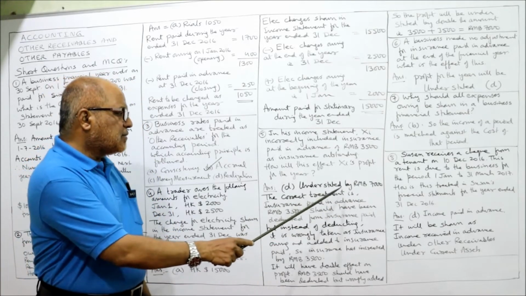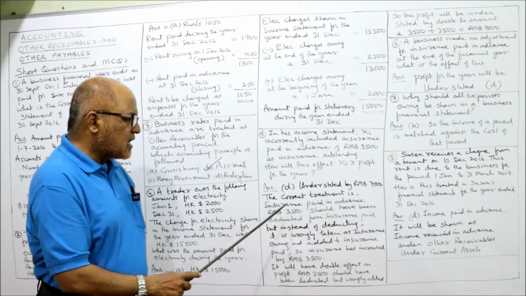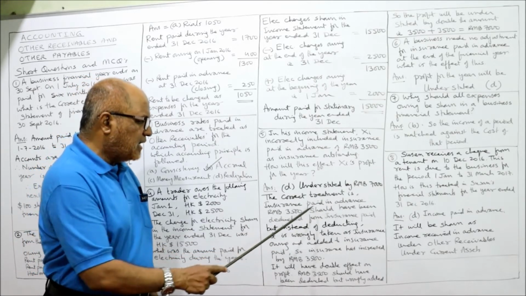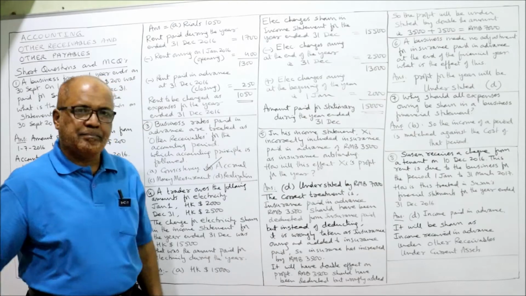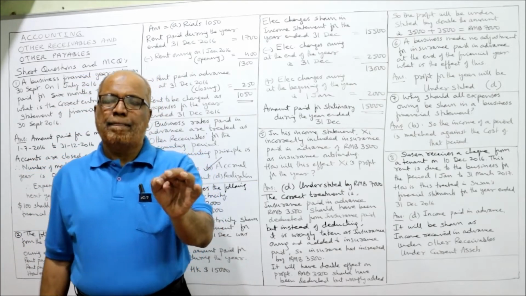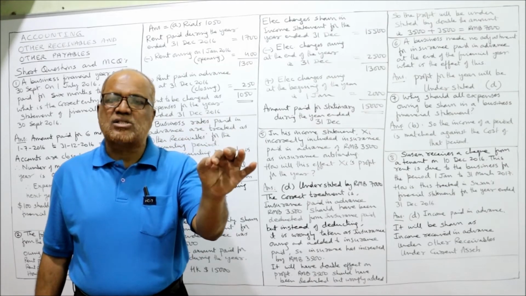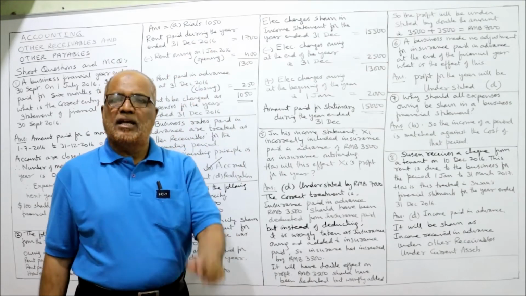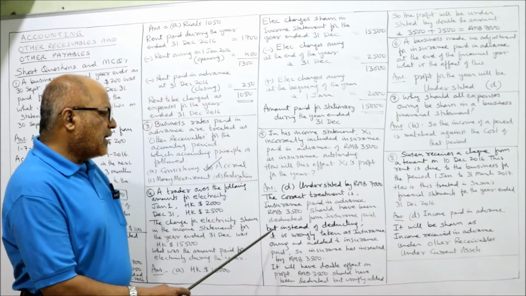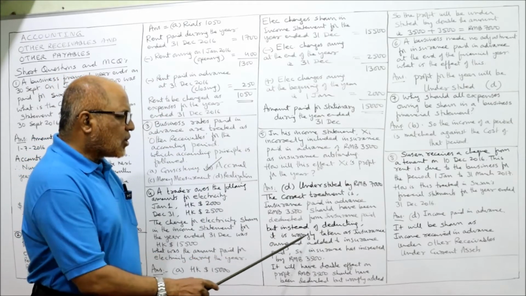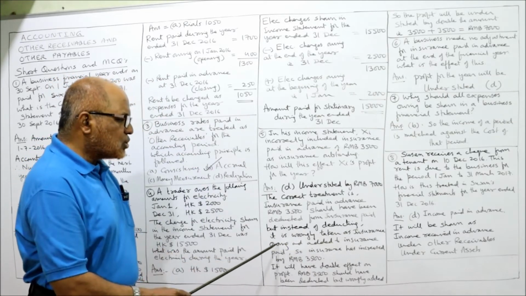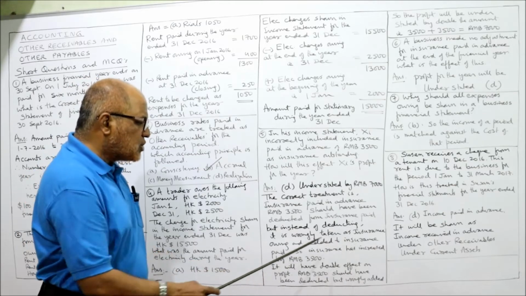The correct treatment is that insurance paid in advance, RMB 3,500, should have been deducted from insurance paid. That is the correct treatment. But instead of deducting, it is wrongly taken as insurance owing and added to insurance paid.